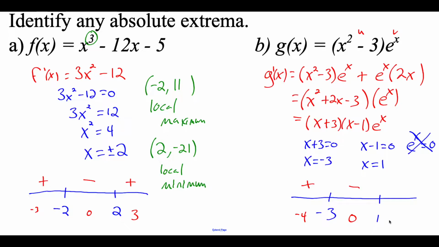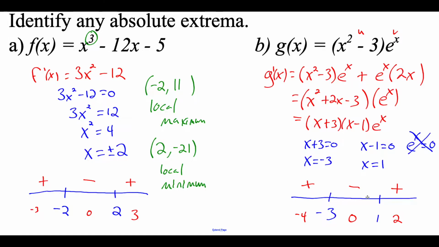And then I would want to test something to the right of 1, so maybe we'll choose 2. Again, store key that x value of 2 in your calculator, and then just type out your derivative. I got 36.95 when I did that in my calculator. But again, the number itself is not important, just the sign of the number. So this is going to be a positive interval.